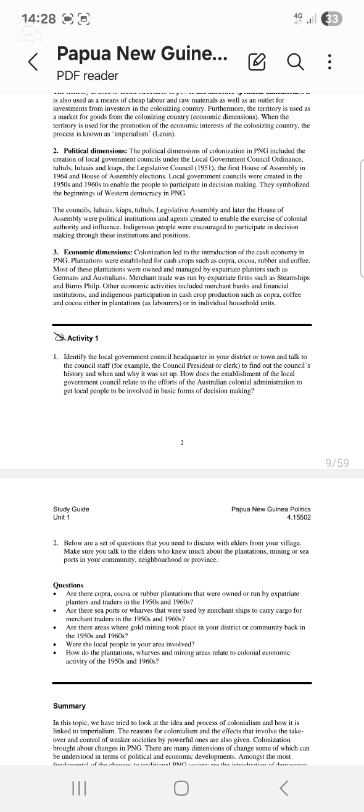The last dimension is the economic dimension. I'll read. Colonialization led to the introduction of the cash economy in PNG. Plantations were established for cash crops such as copra, cocoa, rubber, and coffee.